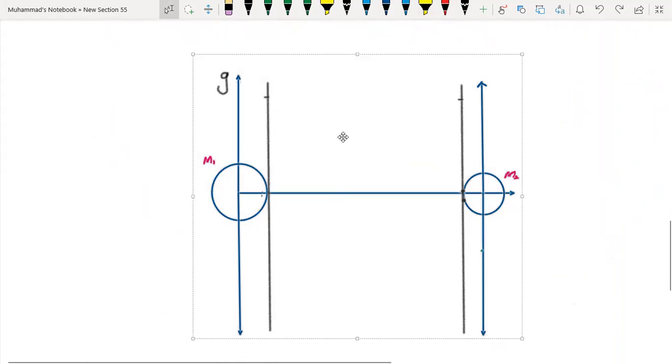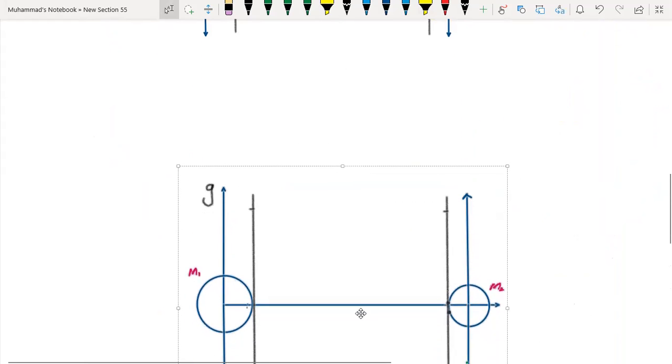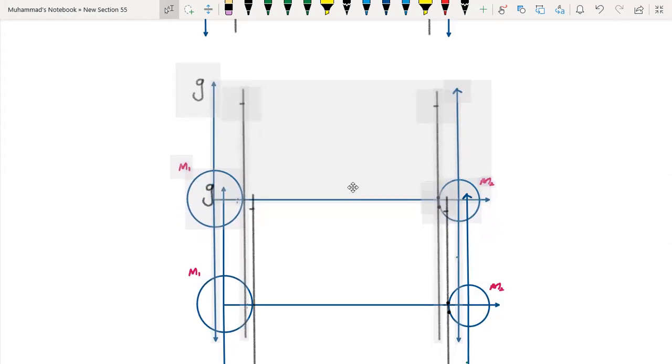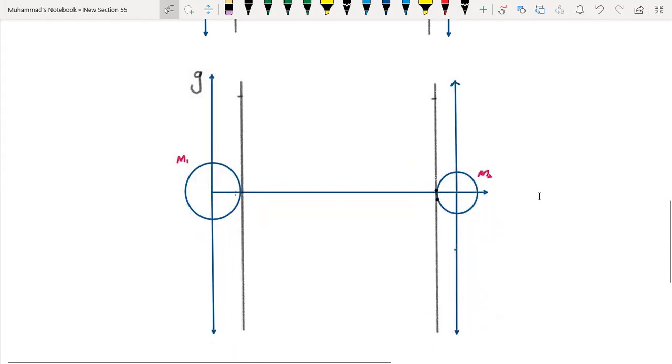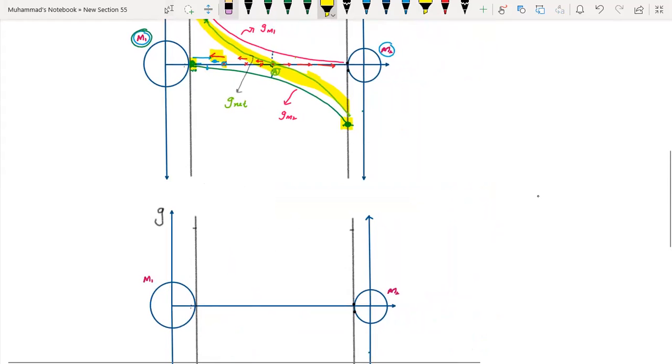Okay, this is my last graph. So I want to plot how the net force on that mass changes. I hope you can understand. So over here, I want to plot the net force on this mass M that moves from this surface towards the surface of that mass M2.